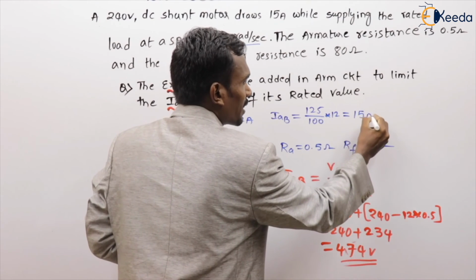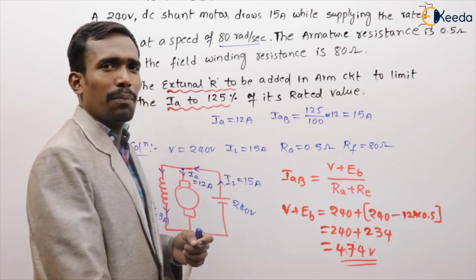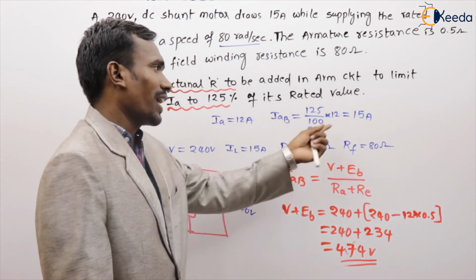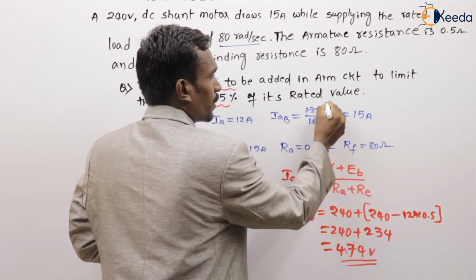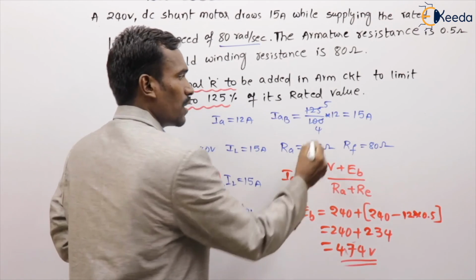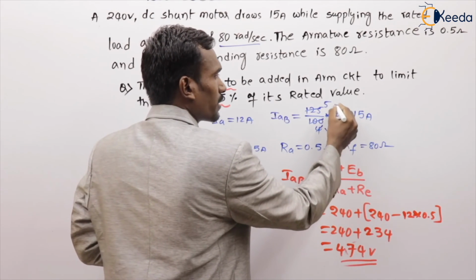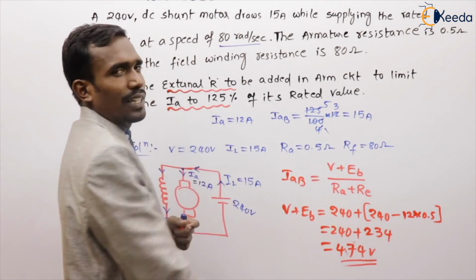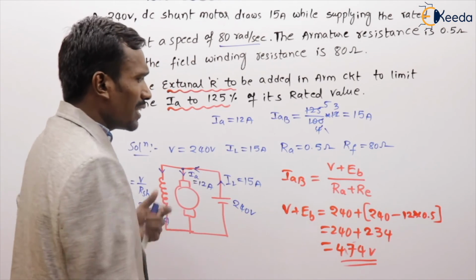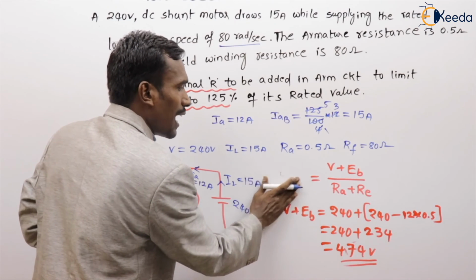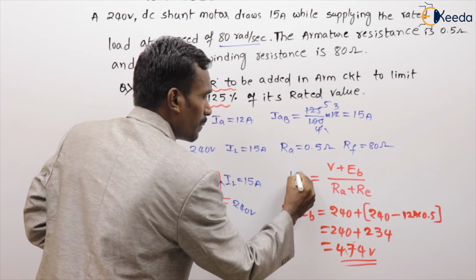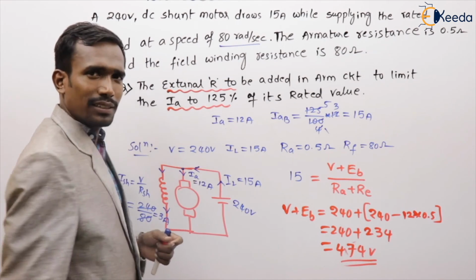If you calculate it, we get 15 amperes. Now this IAB is 15 amperes.